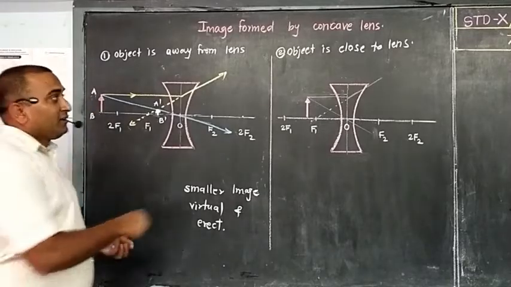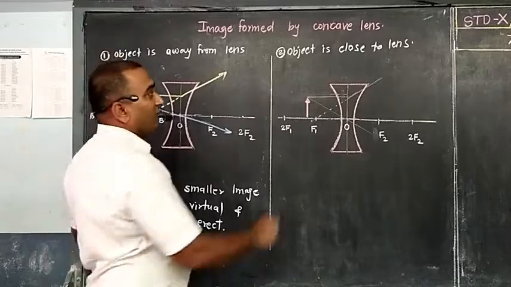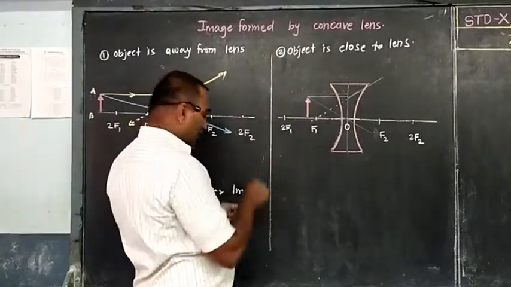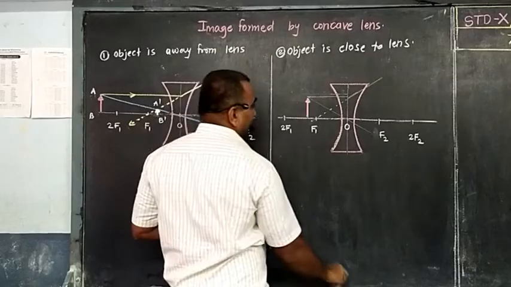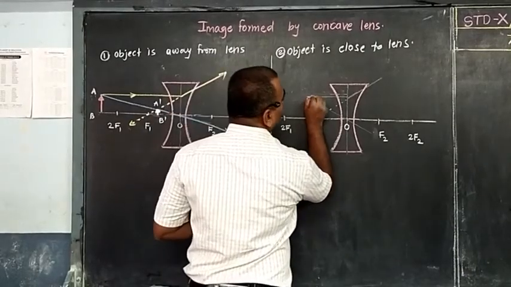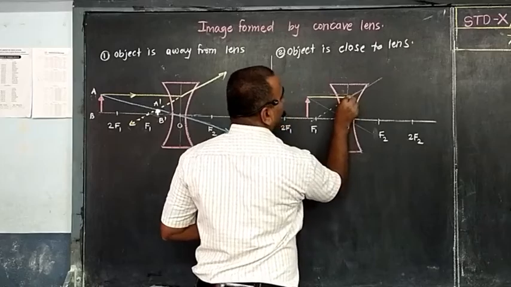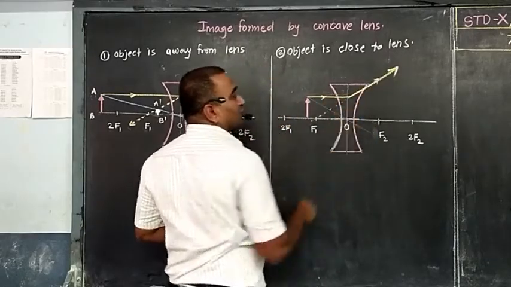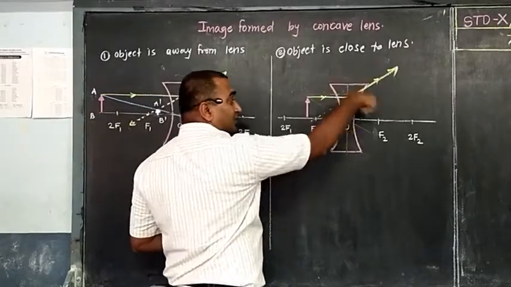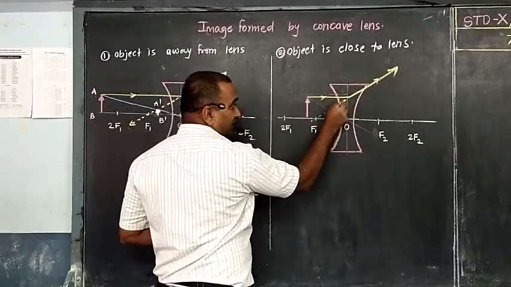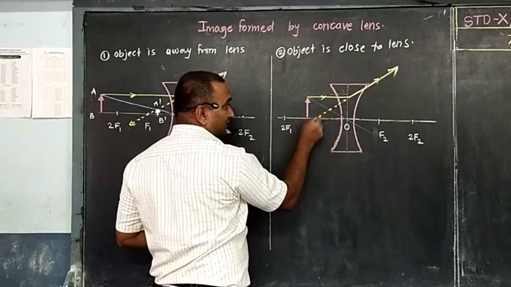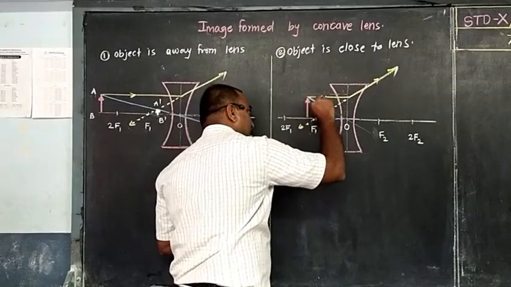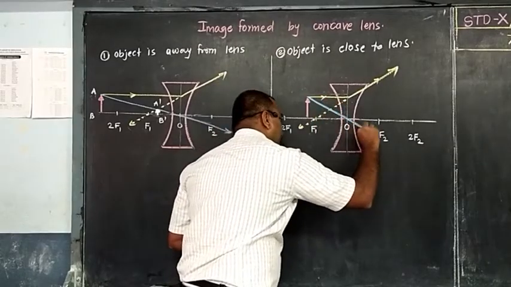See here, in the second one, when the object is very close to the lens, don't consider it as a location, it is only close to the lens. The first ray, which is parallel to the principal axis, passes as if through the principal focus on the same side, and the second ray passes through the optical center without deviation.